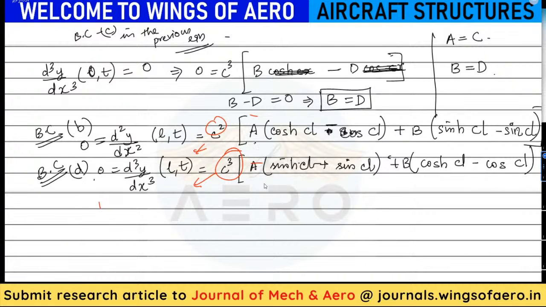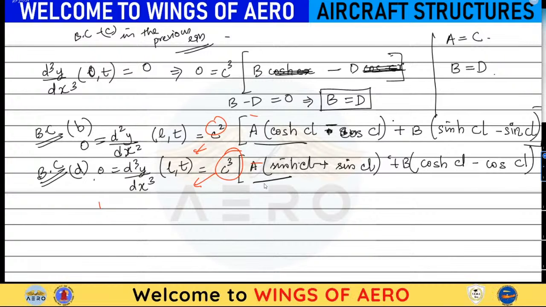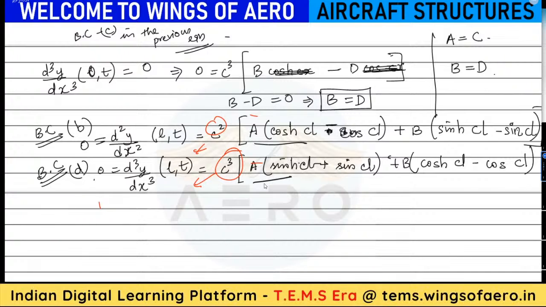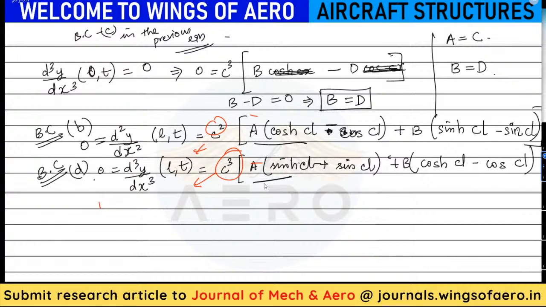So finally, you will get these two equations, right? Something in terms of cosh CL minus cos CL, right? So what you have to do is simplify and find the value for that.